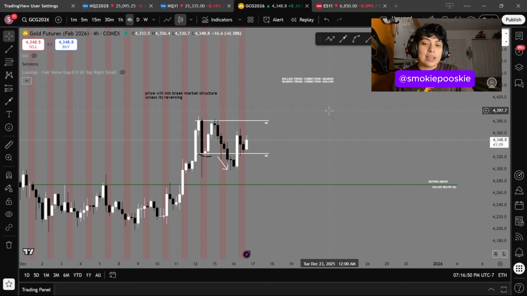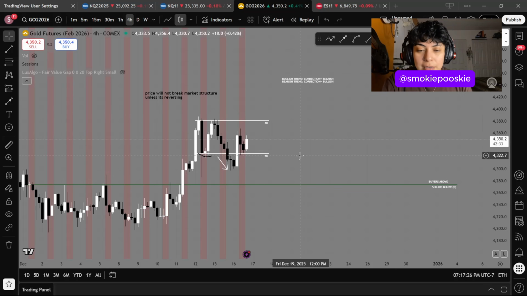They're going to be focusing on exactly what we just practiced, the daily and the 4 hour, and then they're going to be taking their entries based off the 1 hour and the 15 minute. But we're just doing exactly what they do and scaling it down to the shorter time frames so that we can get in and out quickly, so that we're able to eventually get to that level to be able to swing trade and hold these trades for days and weeks.